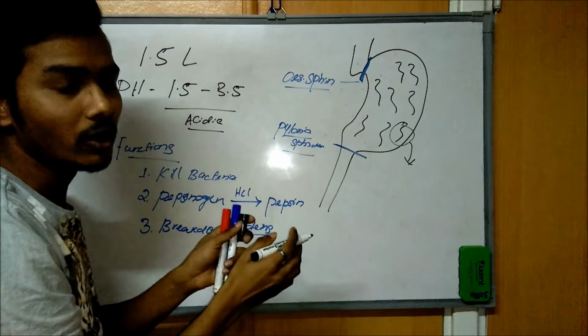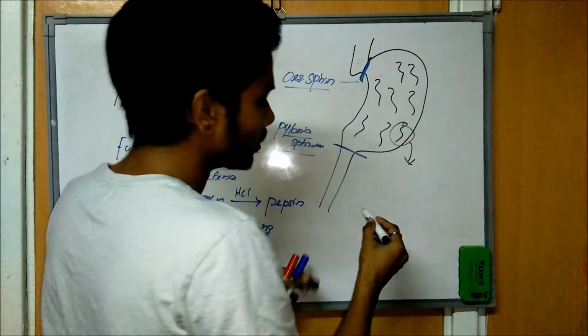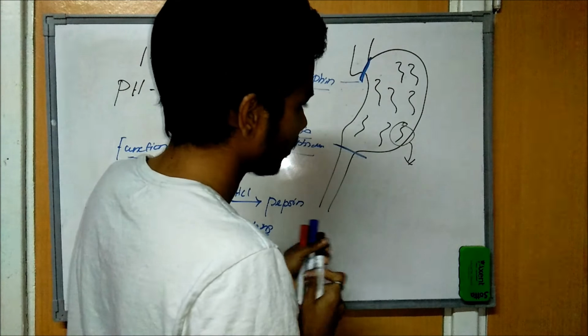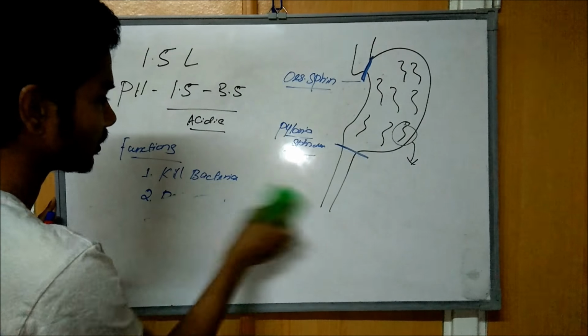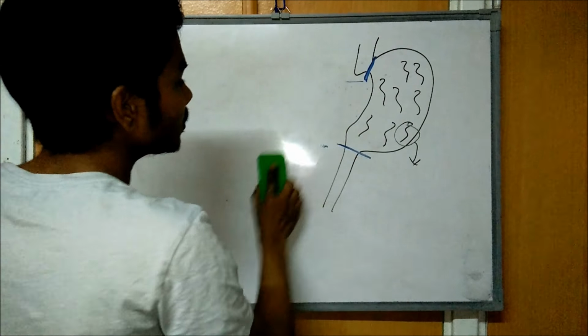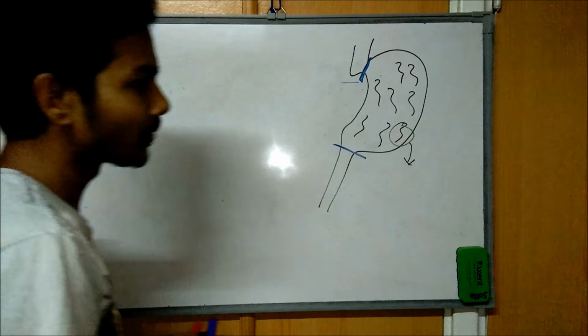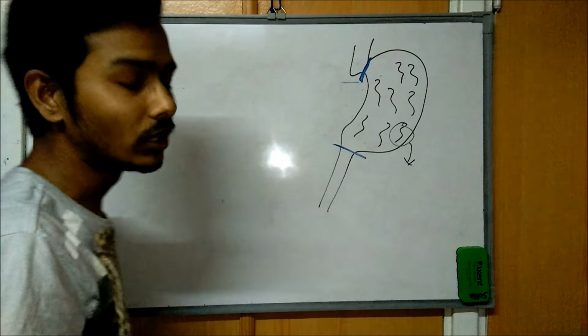The fold is made up of mucosa and submucosa layers. These folds or pits are called rugae.